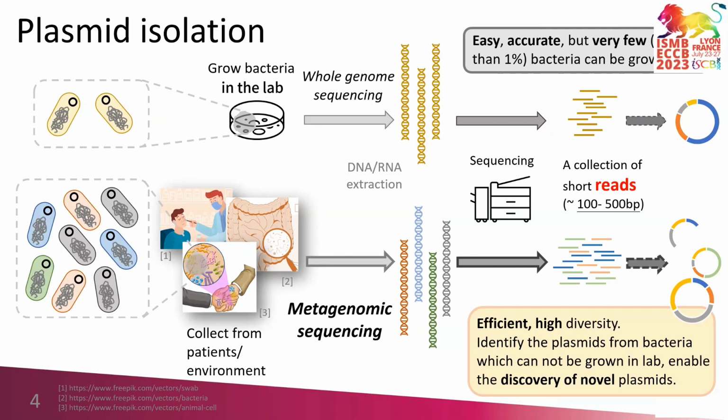We can collect samples from patients and the environment, and after we assemble the contigs, we can identify plasmids with high diversity more efficiently. Using this method, we can also identify plasmids which are novel to our reference database.